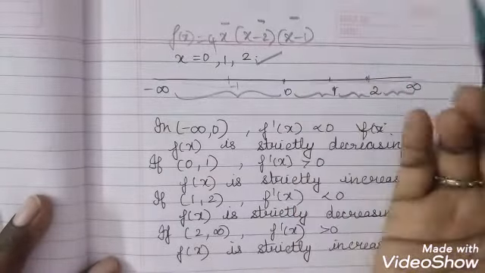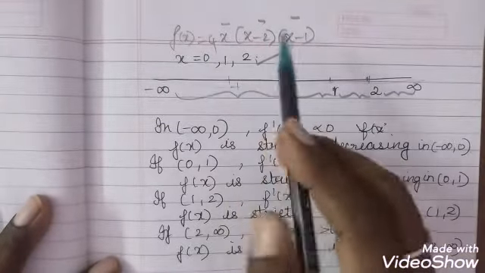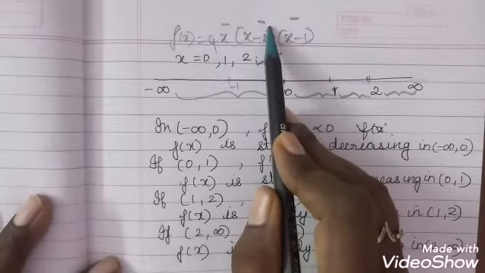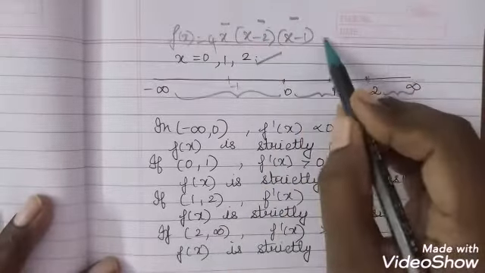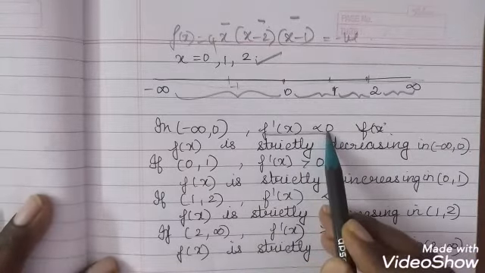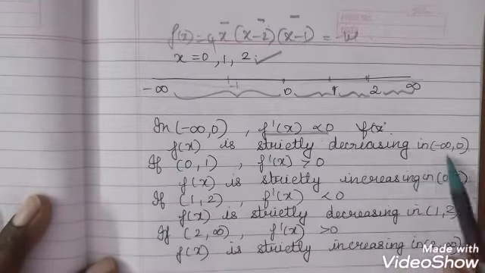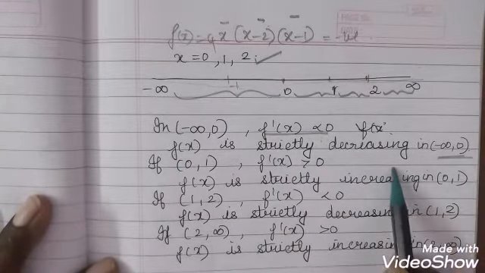Here again if you see, it's again minus. This is what you have when I substitute minus 1. Got it? So minus into minus is plus. Plus into minus is negative. So what have I written here? Your f dash of x is said to be less than 0. Therefore what can I say? f of x is strictly decreasing in the interval minus infinity comma 0.